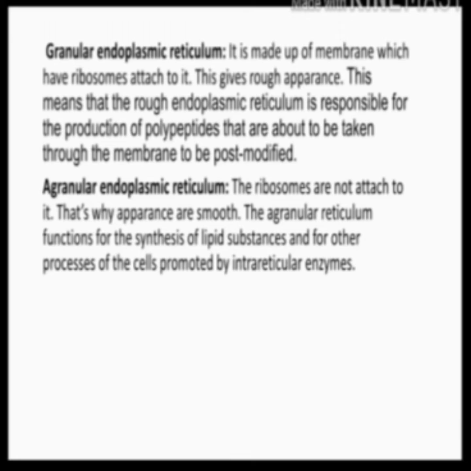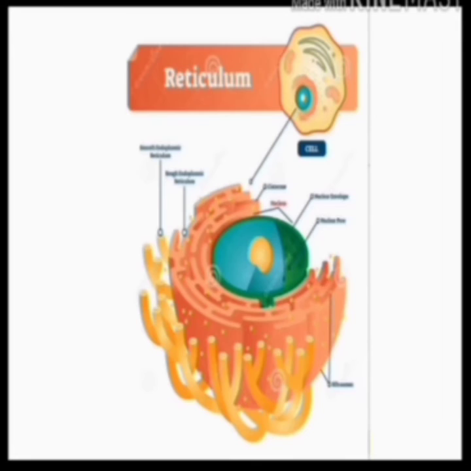Granular endoplasmic reticulum. It is made up of membrane which has ribosomes attached to it. We see in this figure it has a granular or rough appearance, and the rough appearance is caused by the ribosomes attached to it.